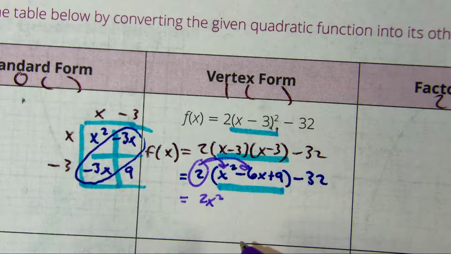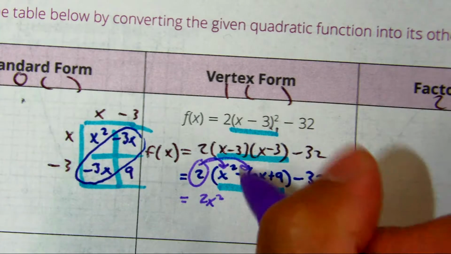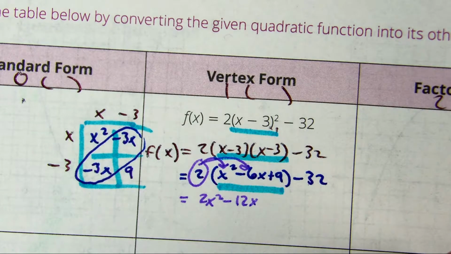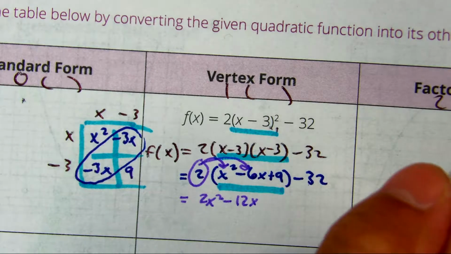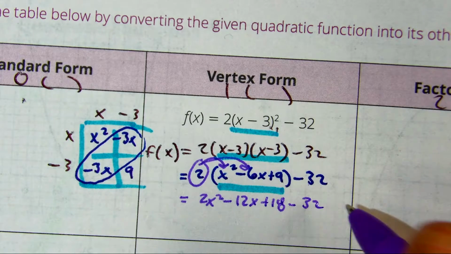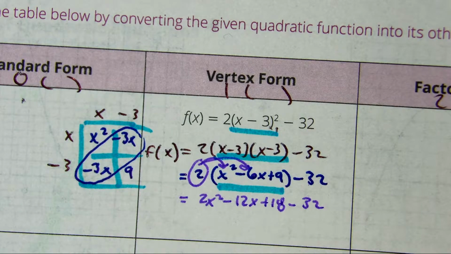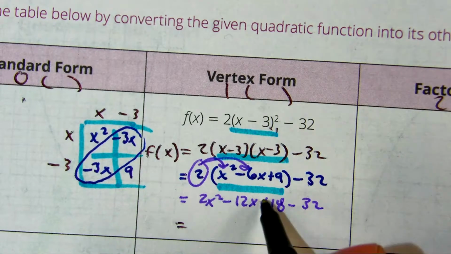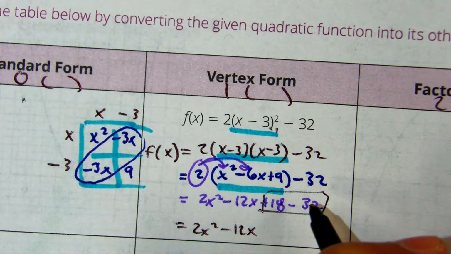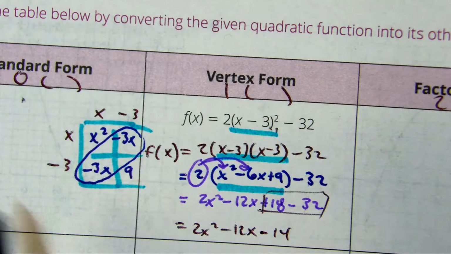Positive or negative? And 2 times 9. And class, 18 minus 32? Positive or negative? Negative. So this is our answer for standard form.